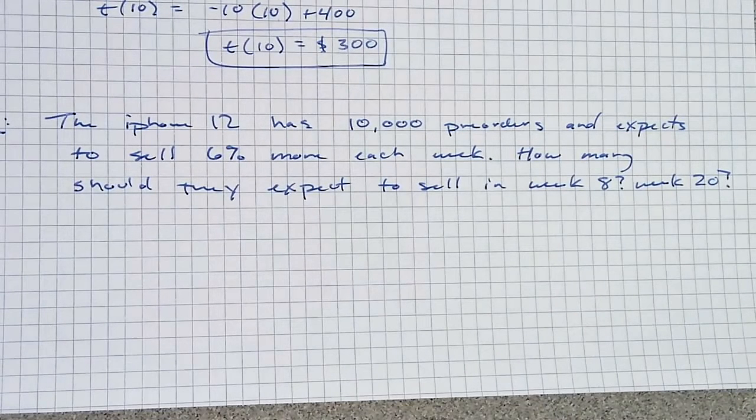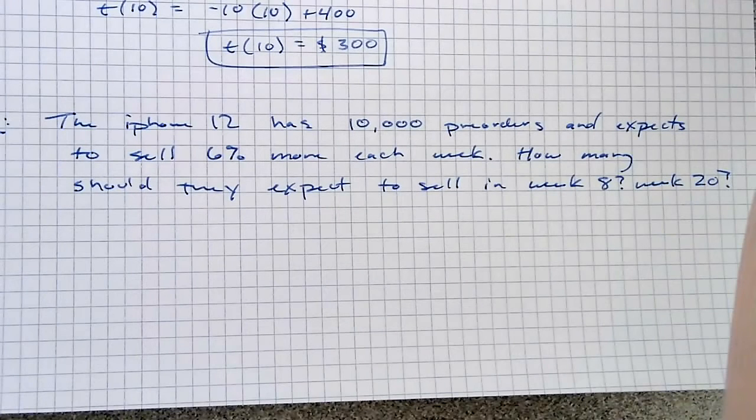How many should they expect to sell in week 8 and week 20? Identify if it's arithmetic or geometric. Are you adding or multiplying between each term? And then make your equations.